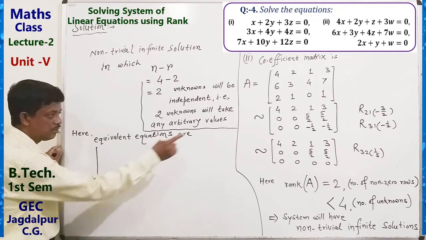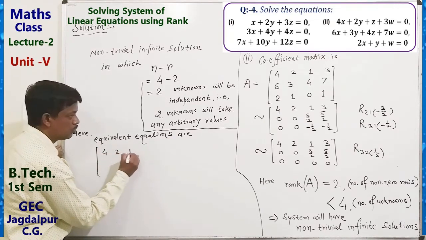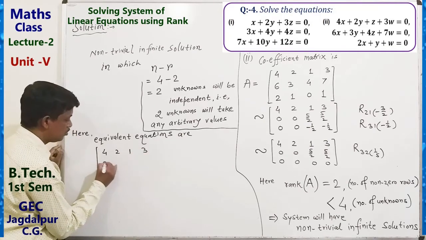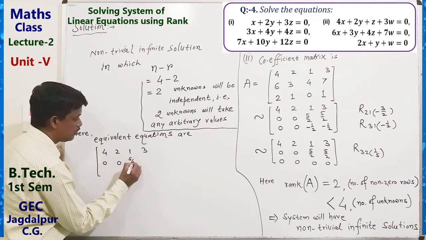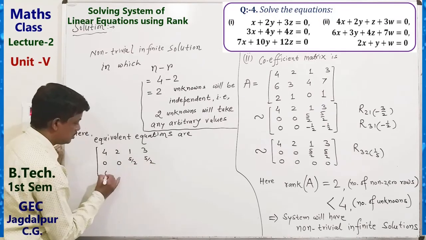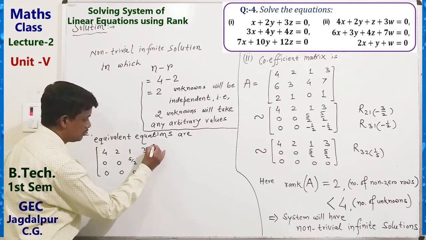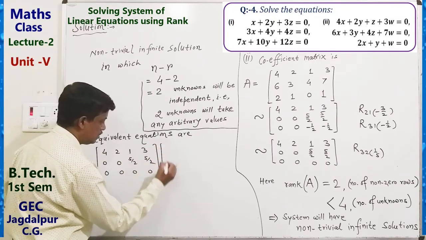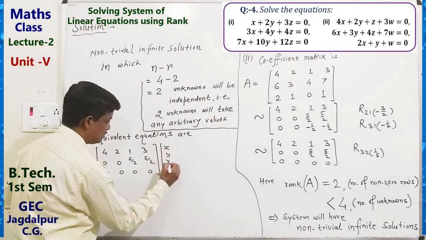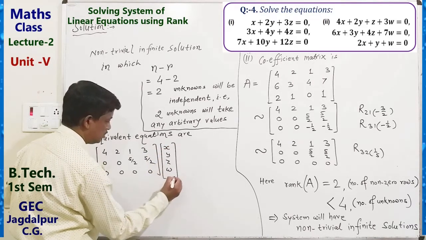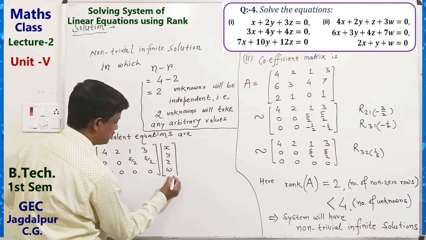Just equivalent matrix 4 2 1 3 0 0 5 by 2 5 by 2 0 0 0 0 and x y z w. These are the 4 unknowns.